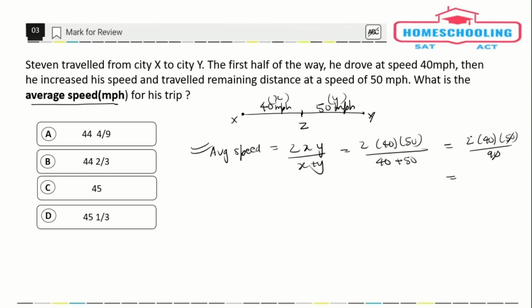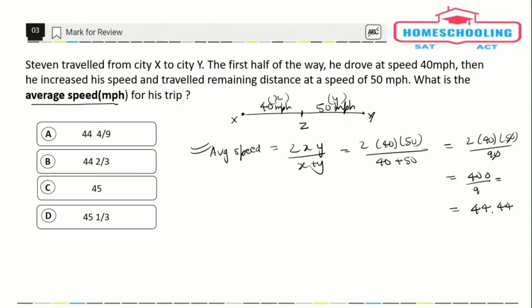So this one would be 4000 divided by 90, which is 400 divided by 9. So your answer would be, let me put it on my calculator, 44.44.